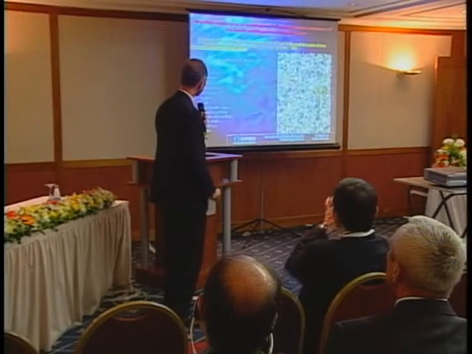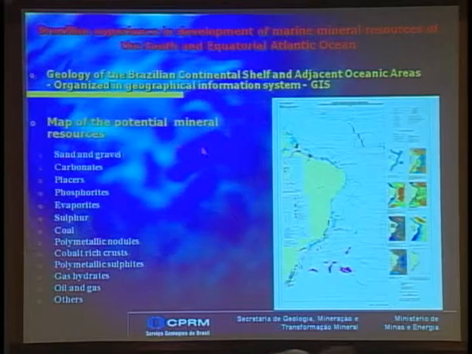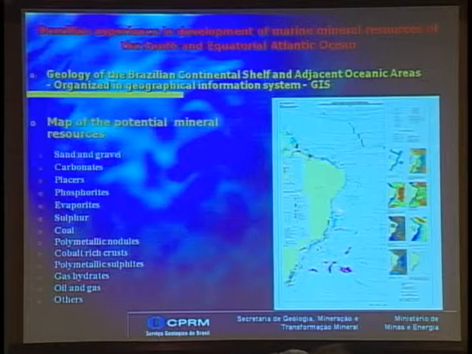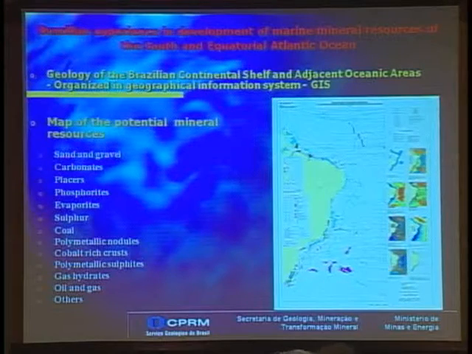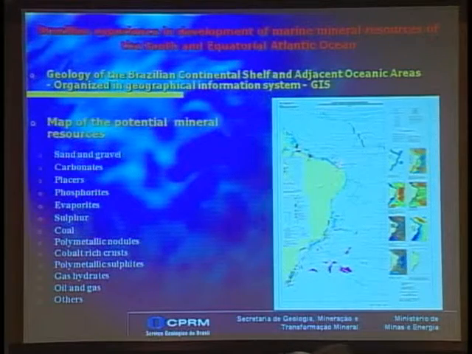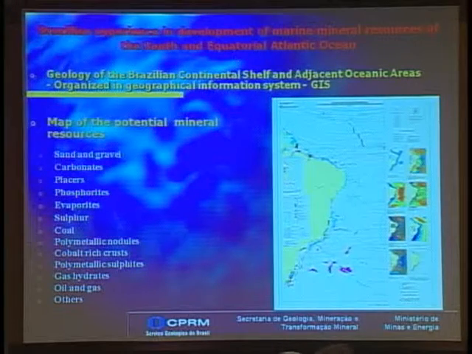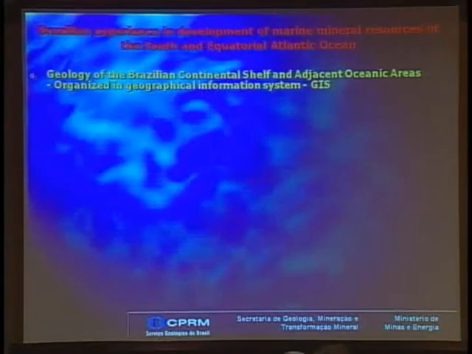Next. This is one of the maps that we produced using all the available information. It is the map of the potential mineral resources of the Brazilian continental shelf and the adjacent oceanic areas. The next one.